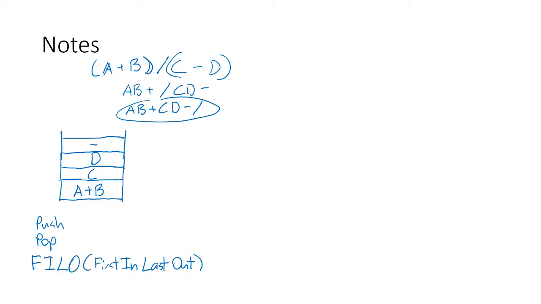So again, as soon as I see an operator, I'm going to pop that off our stack and pop the two below it off our stack as well. So D. Remember, the first one you pop off is the second operand. And then the C. And then I push that back onto my stack.